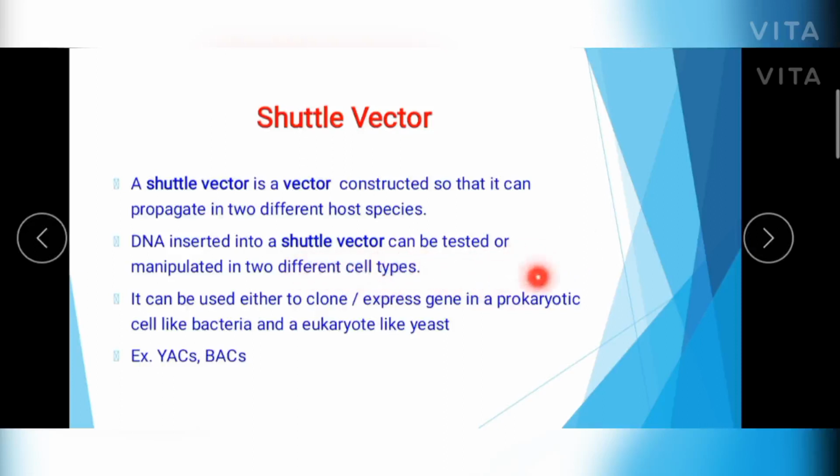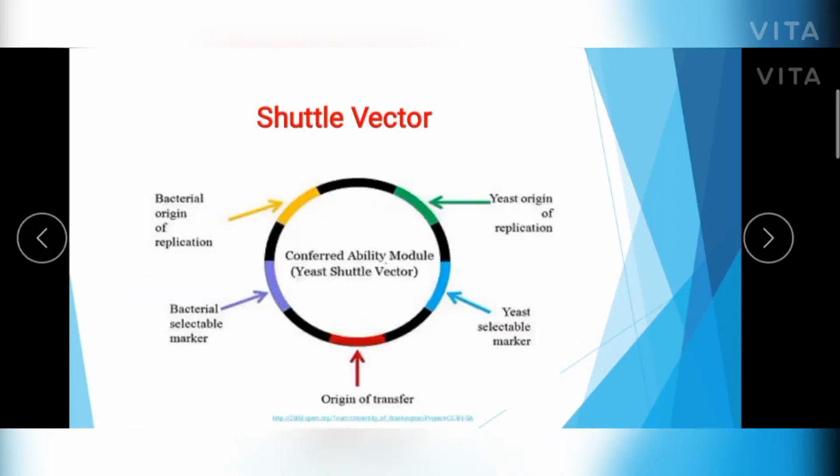Suppose let's take the YAC vector. This is the yeast artificial chromosome, and it is a shuttle vector. In order to propagate in bacteria, it has the bacterial origin of replication and also the yeast origin of replication.